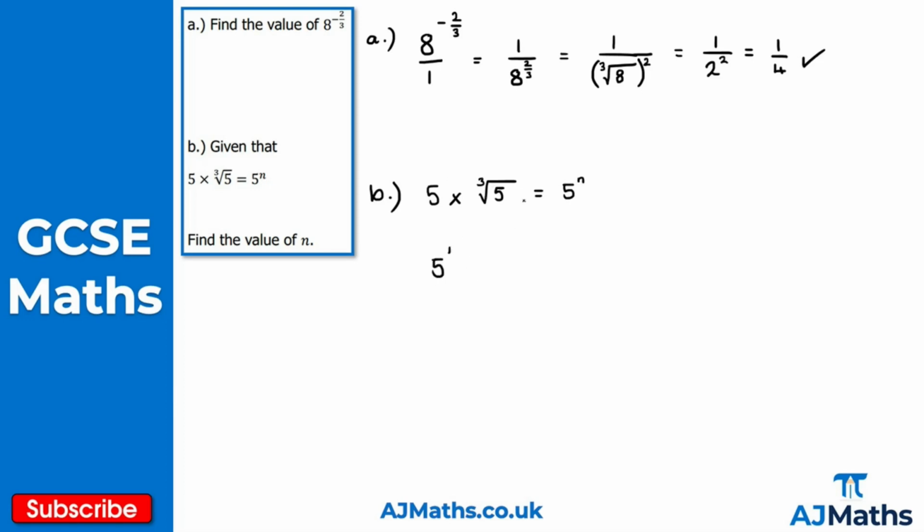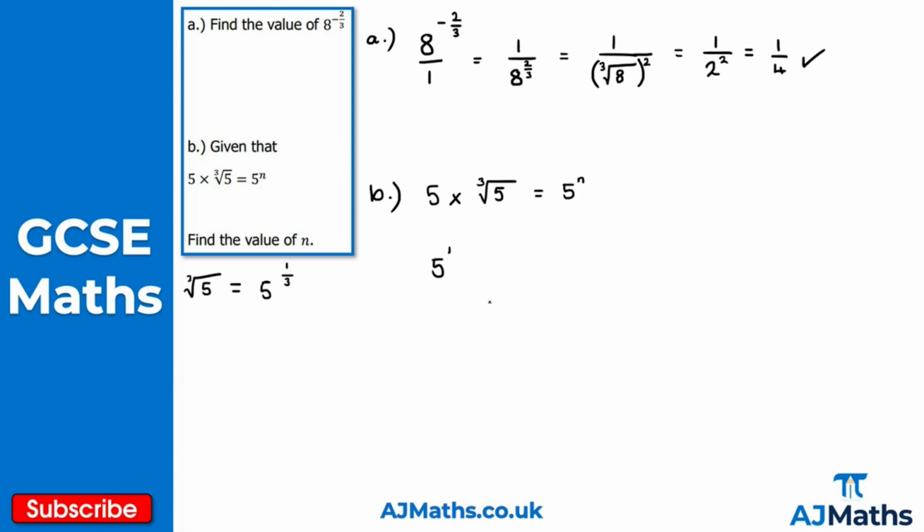This cube root of 5 here, so again, using the rules of fractional powers. The root tells us what the denominator is. So our denominator here would be 3, taking the third root or the cube root of 5. And then because we don't raise this to anything, my numerator will simply be 1.